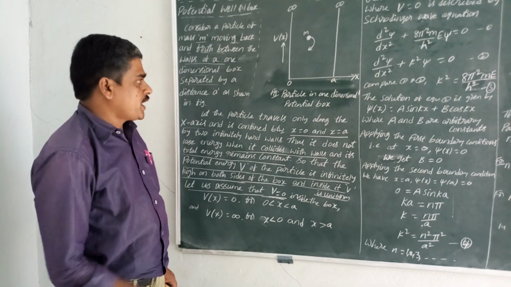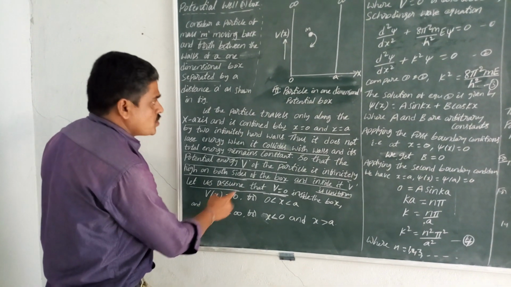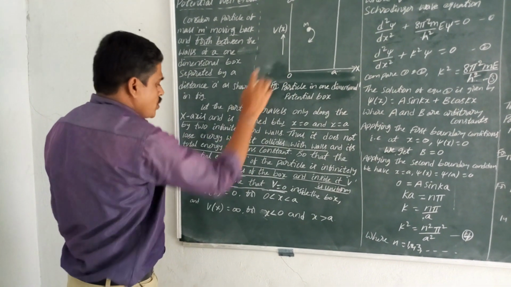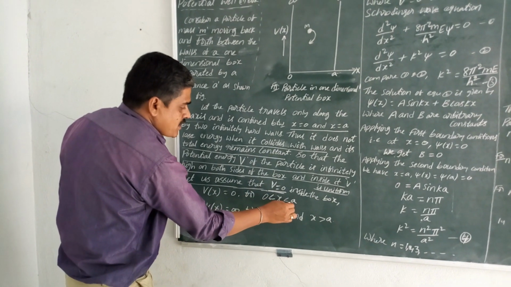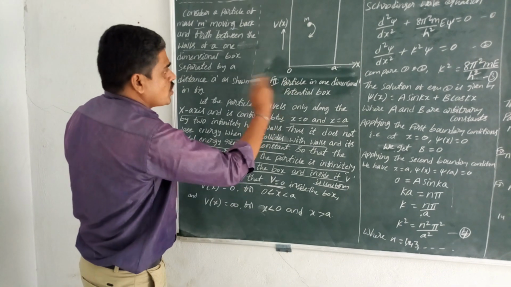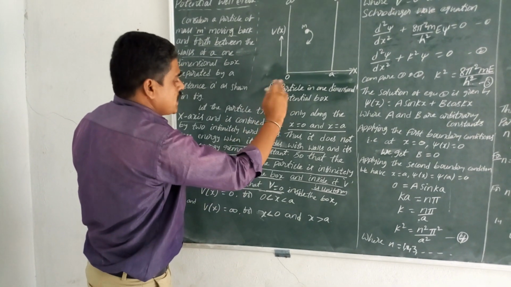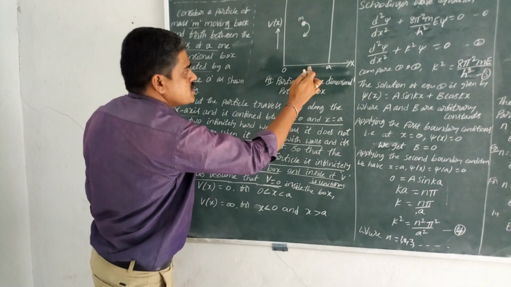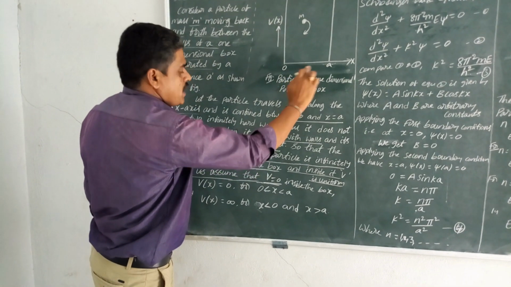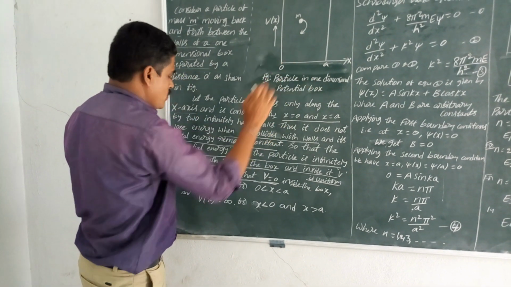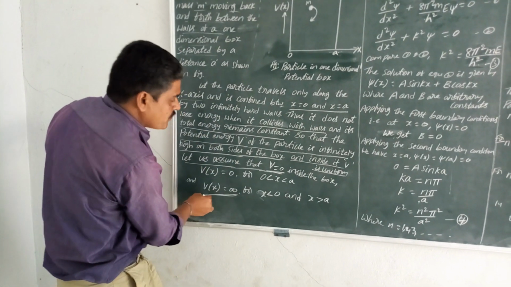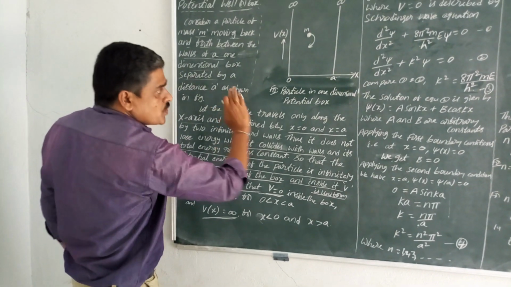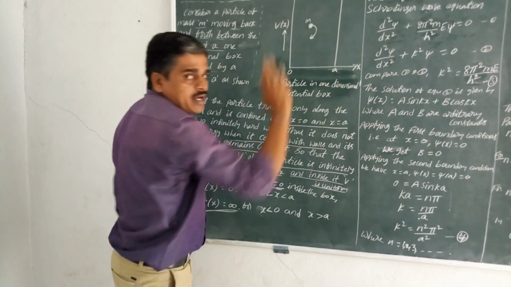We can observe the boundary conditions. V of x is equal to 0 for 0 less than x less than a, and V of x is equal to infinity for x less than 0 and x greater than a.